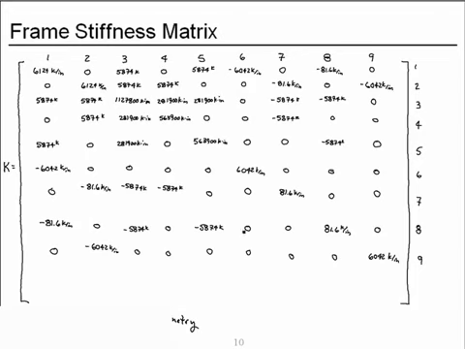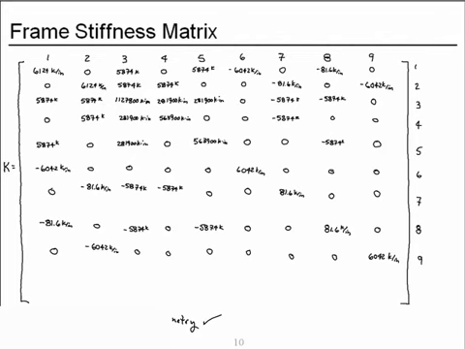Here and here, this with this, the diagonal. Here with here, this pair of zeros, this one with this one, and this pair. So in fact it is symmetric, and we have reason to believe that we have correctly assembled the global stiffness matrix for our frame structure.